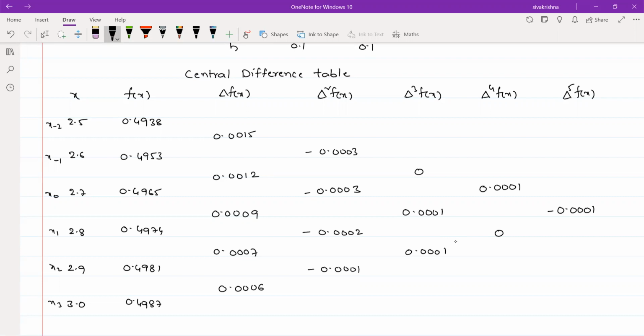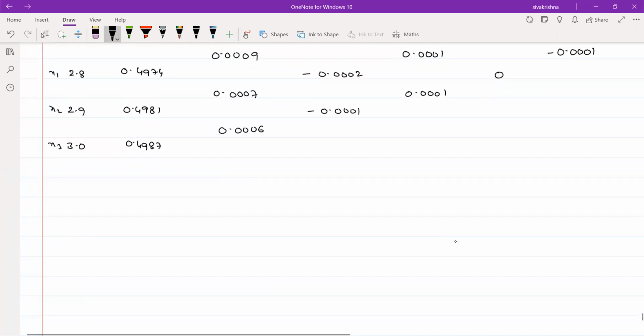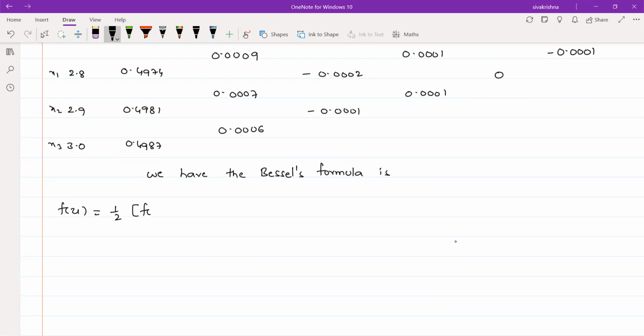Okay, so next we have to write the formula of Bessel's. The Bessel's formula is, once again I am going to write the formula. So f of u is equal to 1 by 2 into f of 0 plus f of 1.